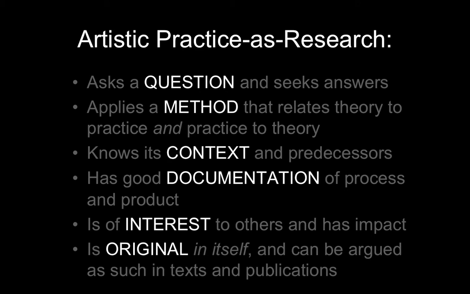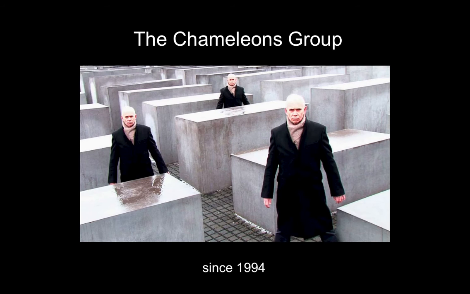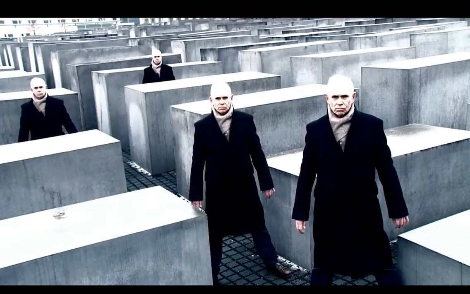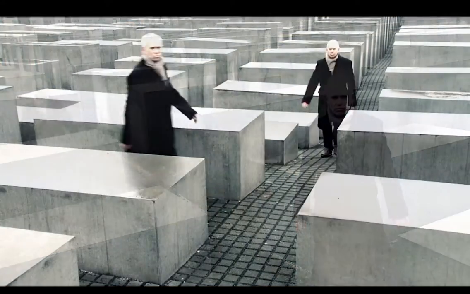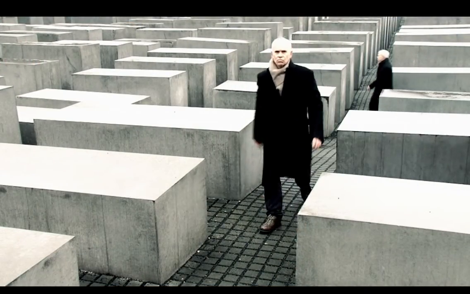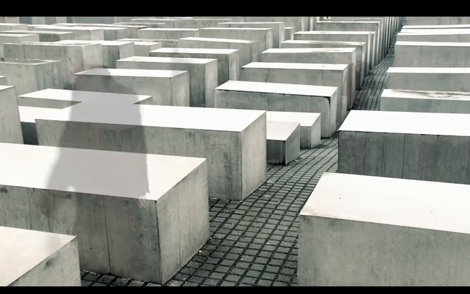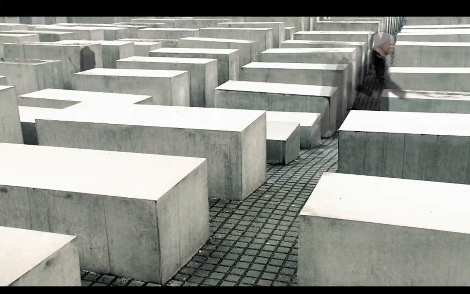So let's look at how this operates using a case study of my own practice as research as director of the Chameleons Group. My arts background is both as a theatre maker and a filmmaker, and in my practice-based research I've been conjoining the two forms experimentally. In doing so, I've been asking research questions including the following.